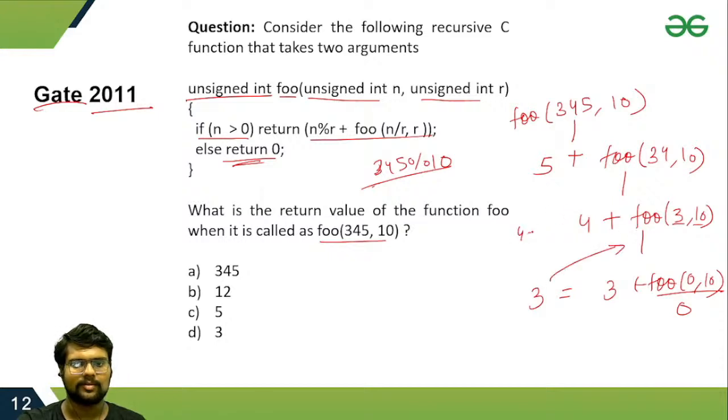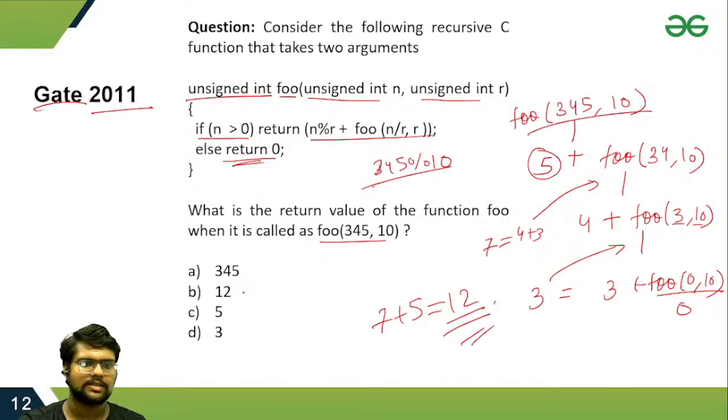And 4 plus 3 will be 7. 7 will be returned here. And 7 plus 5. Okay. So we have 7 plus 5, so it is 12. So the output of this function is 12. So the correct answer is 12. And this is our correct option. Okay.